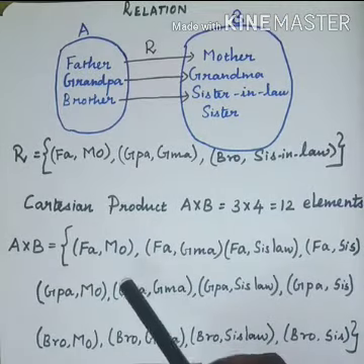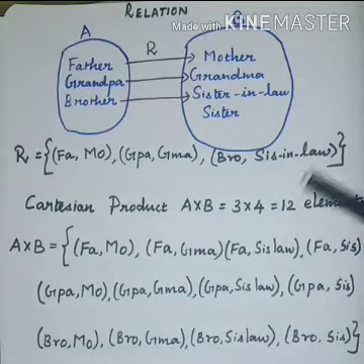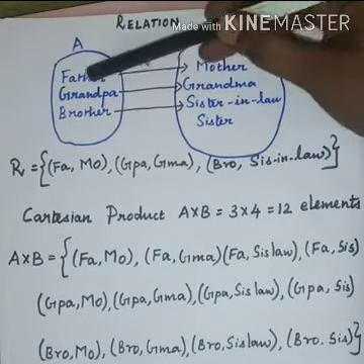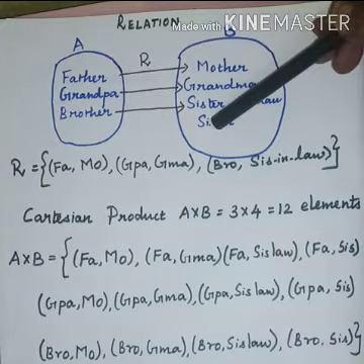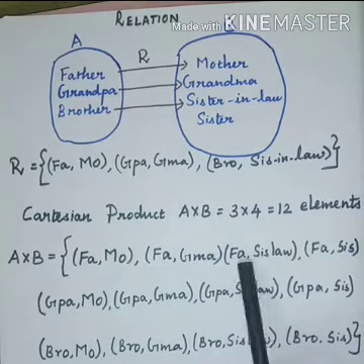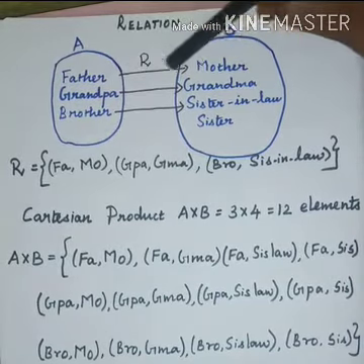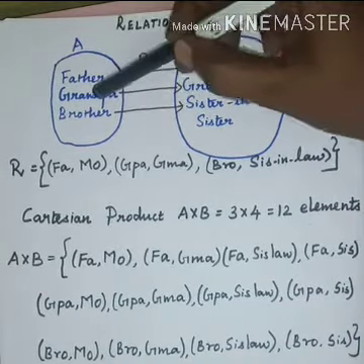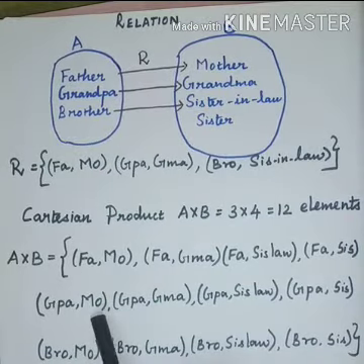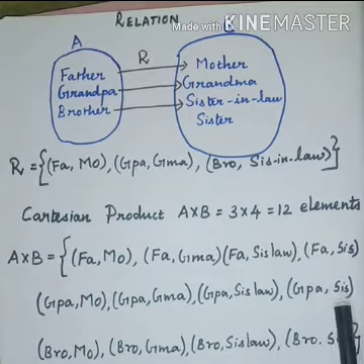You know already how to find the elements of Cartesian product A cross B. Let's see what the elements are. Father comma mother, father comma grandma, father comma sister-in-law, father comma sister. Grandpa comma mother, grandpa comma grandma, grandpa comma sister-in-law, grandpa comma sister.